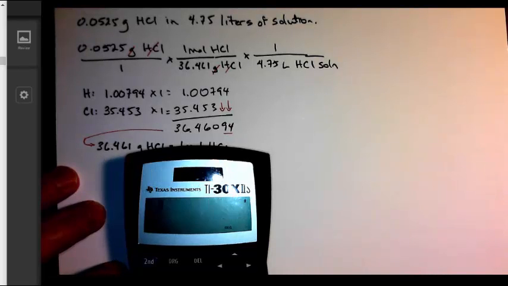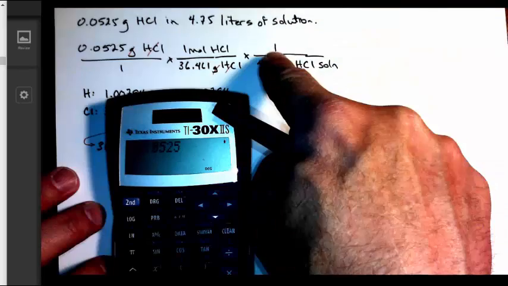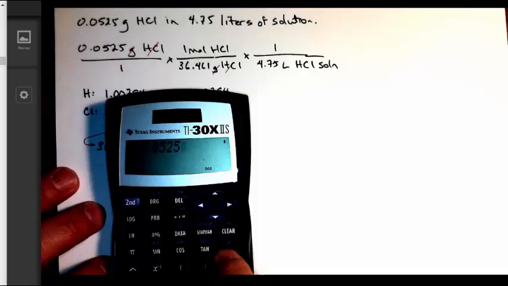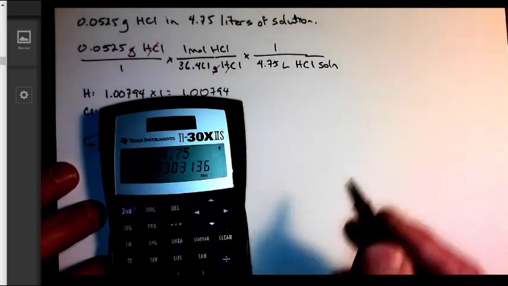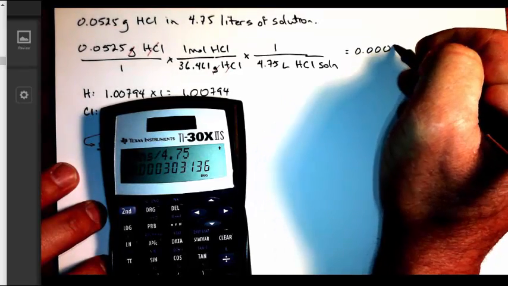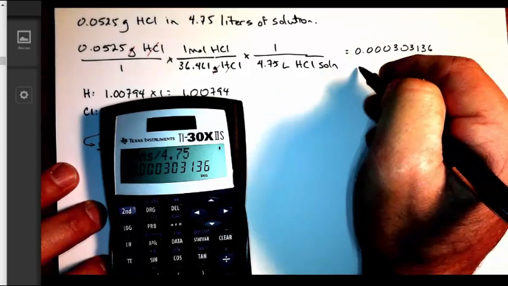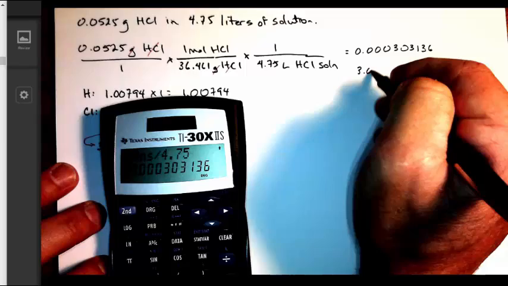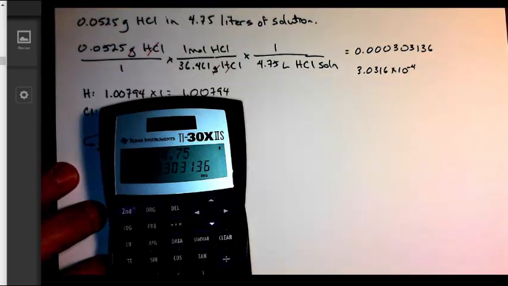So let's do the math here. 0.0525, and all these on the top are ones, so we're just going to go ahead and divide by the first number on the bottom, 36.461, hit enter, and also divide by 4.75, and we've got a molar concentration, 0.000303136. Now your calculator may give you the answer as 3.0316 times 10 to the negative 4. It's the same number. Okay, so don't sweat that.